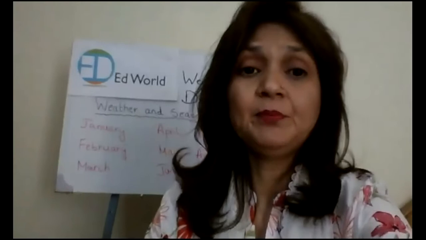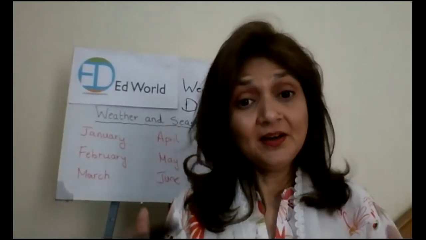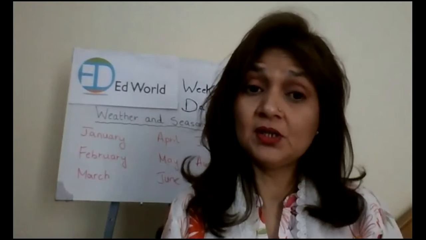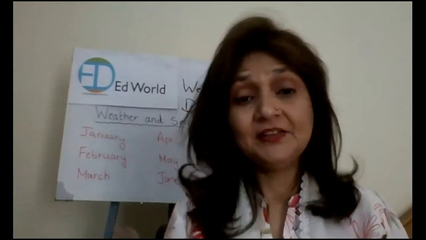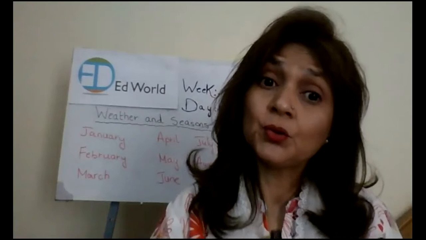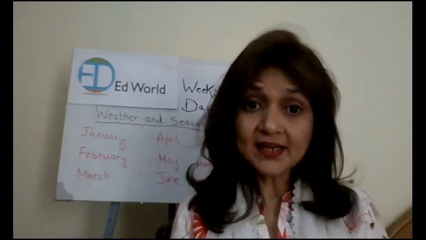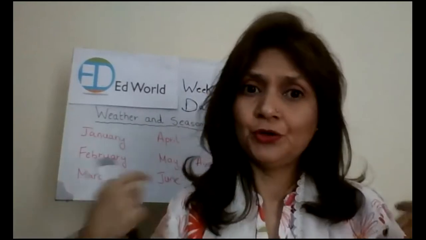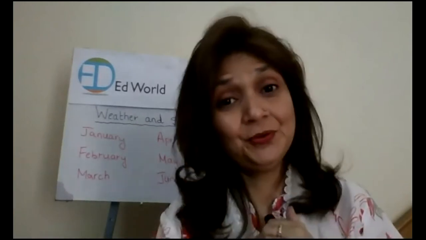But what type of clothes do you wear? Yes, you wear winter clothes. Why? Because it's winter time. The weather is very, very cold. So you like to wear jackets, right? You like to wear your hoodies, cardigans, right? Warm clothes to make you feel warm because it's winter time, right?